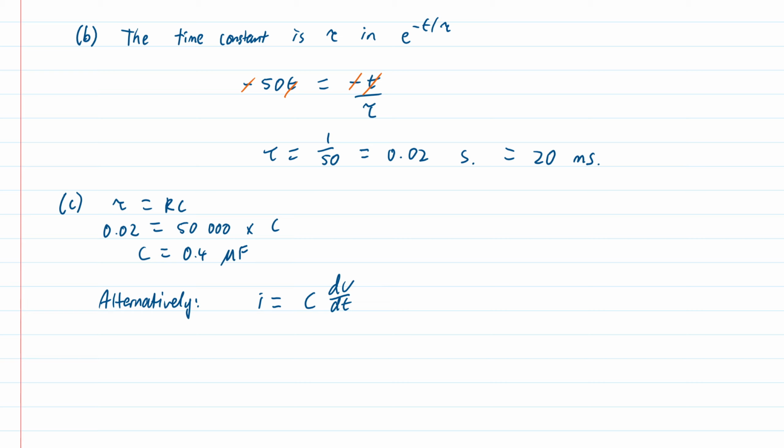Alternatively, you use I equals C dV/dt, substitute I and V, and then solve for C. But if you already have the time constant and the resistance, then that's probably the faster way to do it.